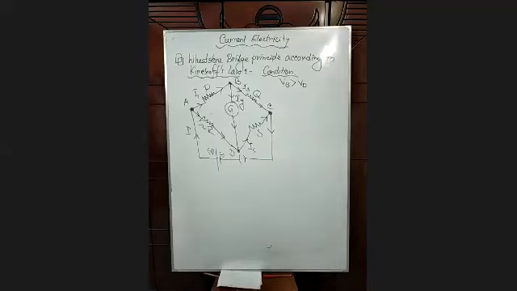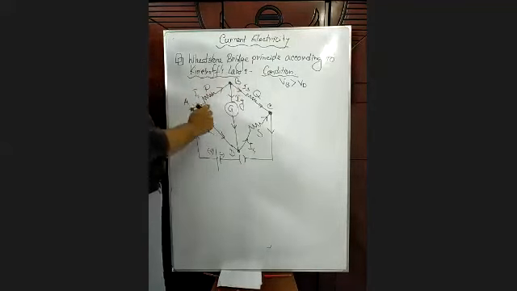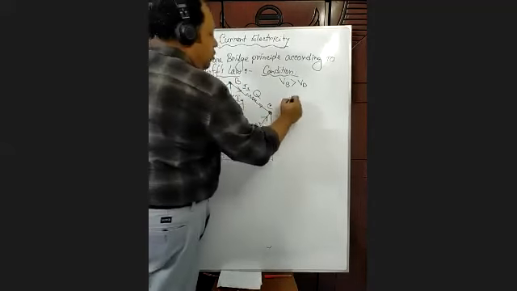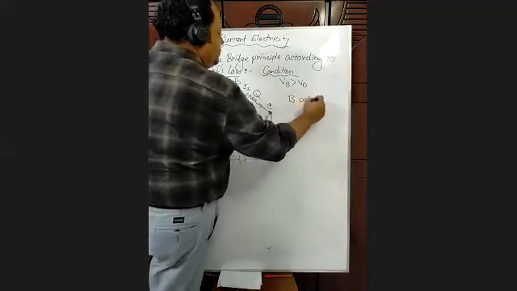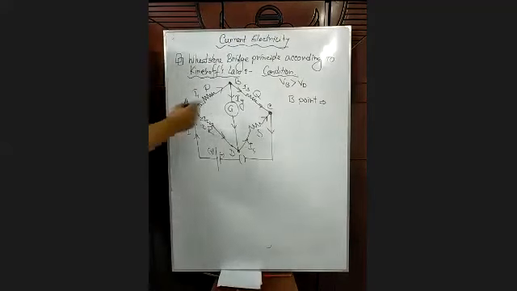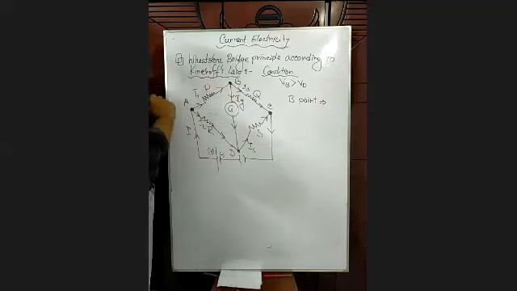So this is the circuit current direction. Now we can go for the Wheatstone bridge to prove the Wheatstone bridge principle. First we will use Kirchhoff's first law. We go for point B. If I look at point B, some current goes away from it, some current goes towards it.